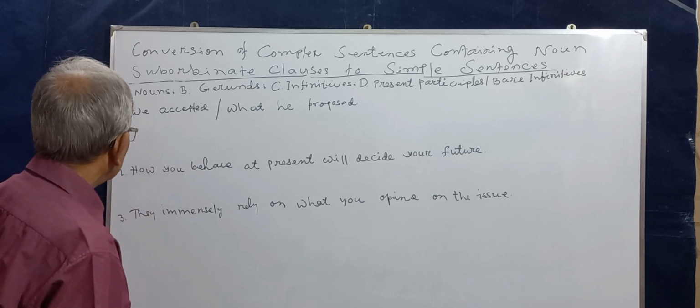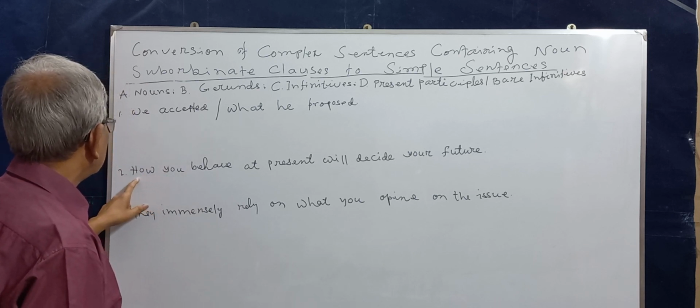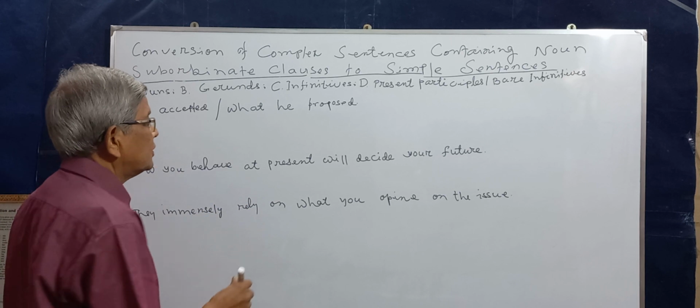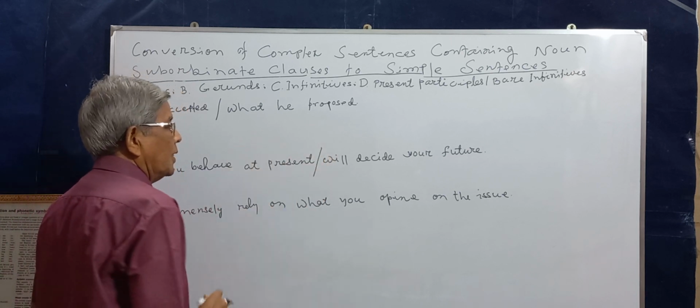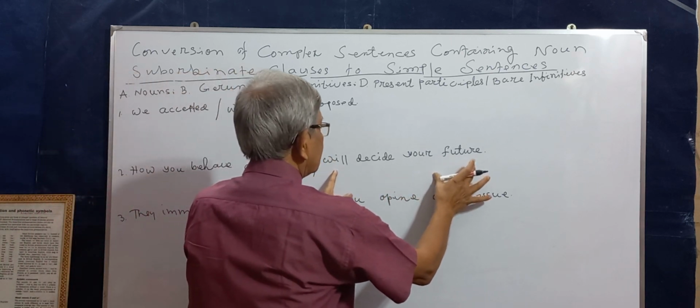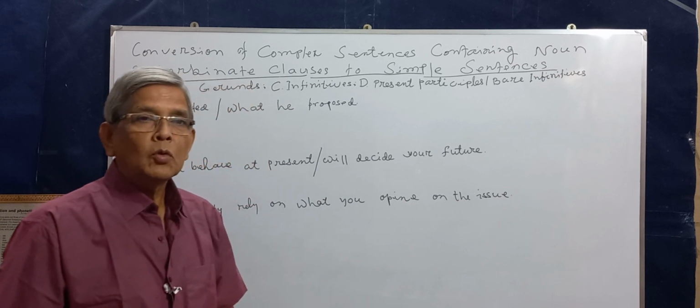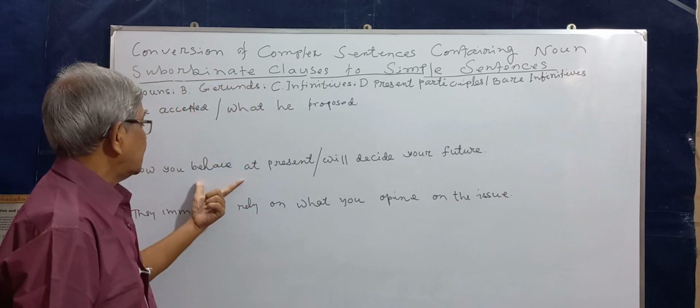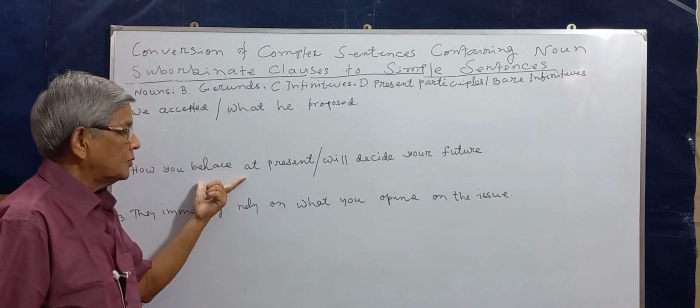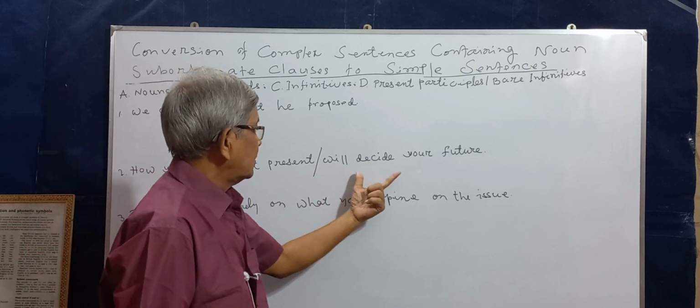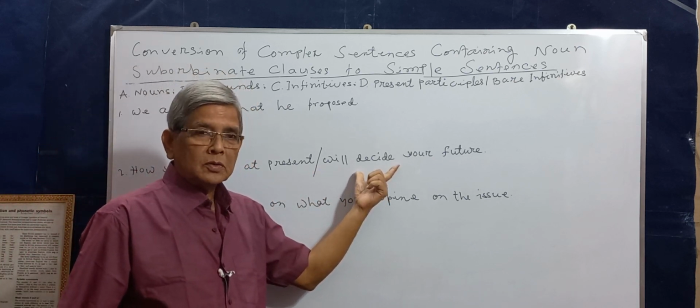In sentence 2, the subordinate clause is how you behave at present. And the remaining group of words is not a complete clause. If this one is the subordinate clause, this one is to be the principal clause.